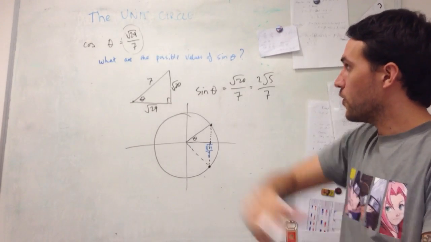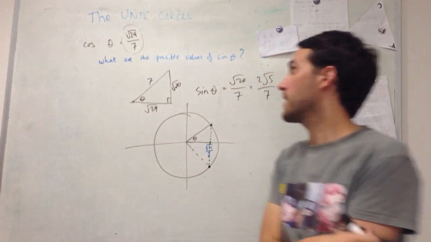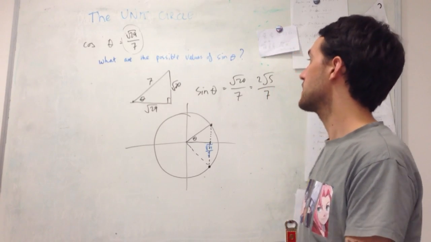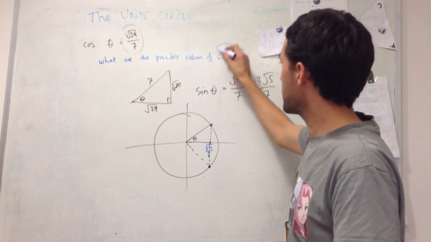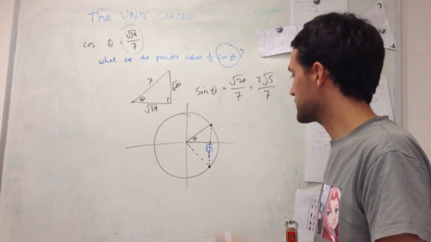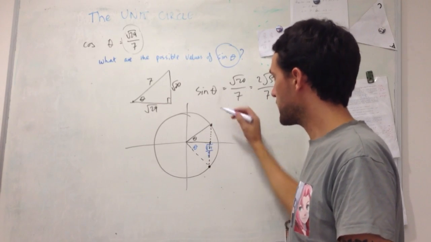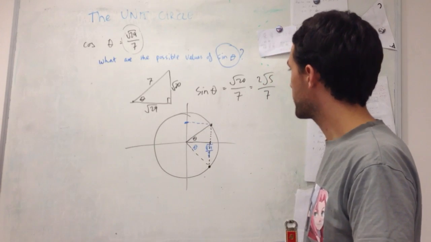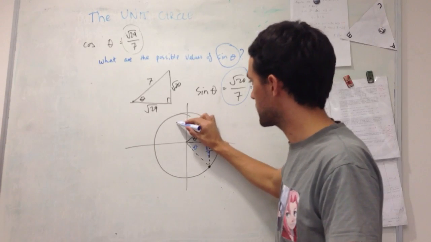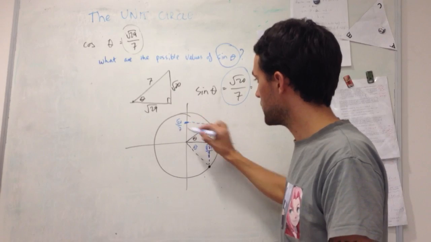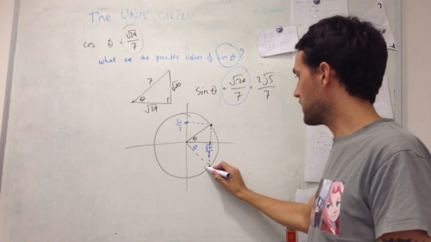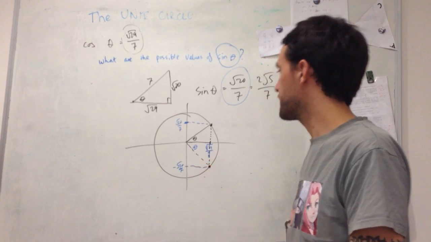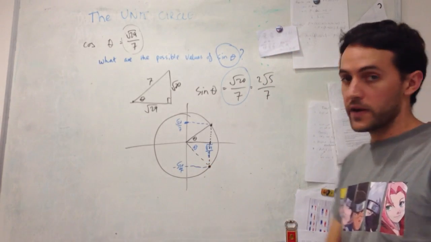And that means if all I know is that cosine of theta equals root 29 on 7, and I don't know what the context is, then actually sine of the angle could be either here, which we know from our rules is root 20 on 7, but equivalently it could be over here at the negative of that. So we need to be really careful.